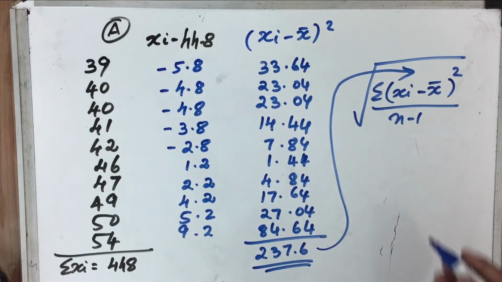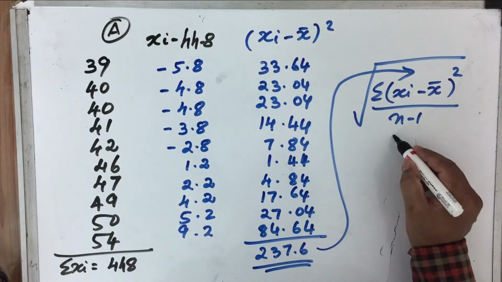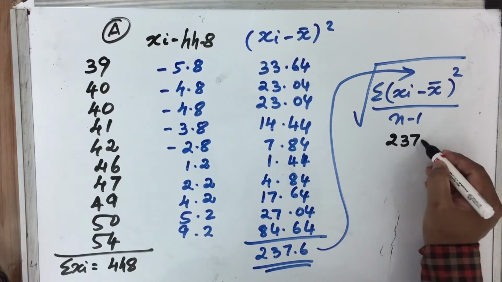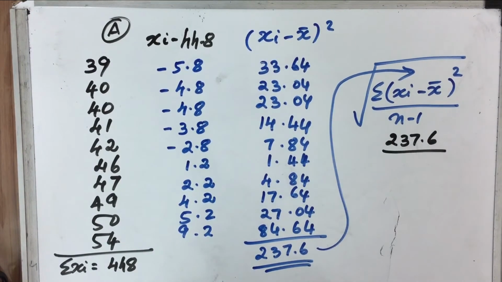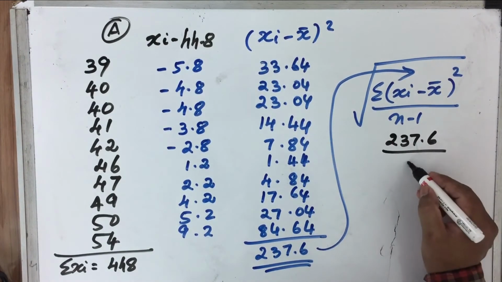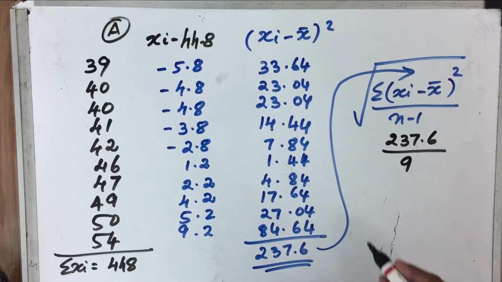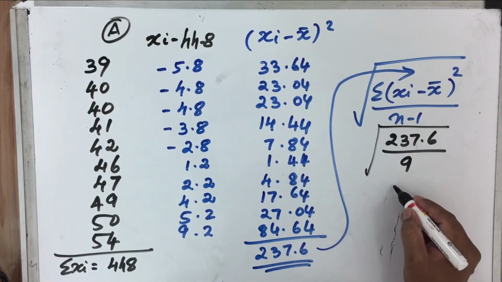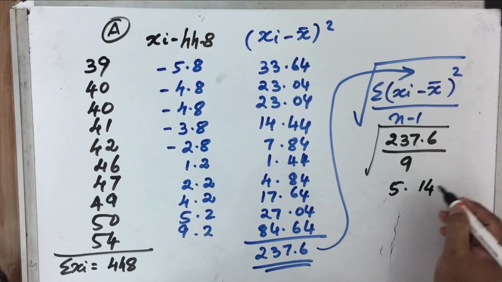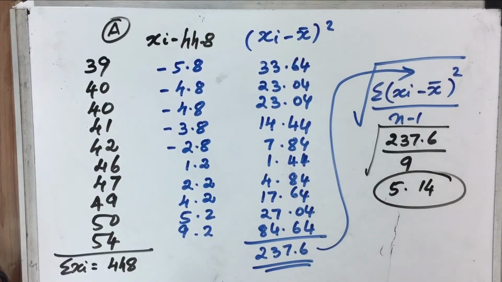So now let us replace. 237.6 divided by n minus 1, which is going to be 9 for us because there are totally 10 observations, root of this. So this will give you a value of 5.14. So this is the sigma 1 of the first sample.